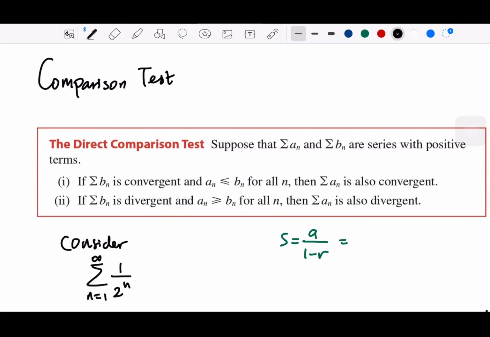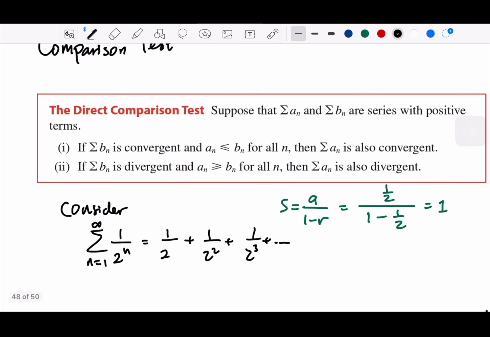This is 1 over 2 plus 1 over 2 squared and so forth, and we can make this into the sum. So 1 over 2 for the a, and 1 minus the ratio r is 1 over 2. So the sum is going to be 1.